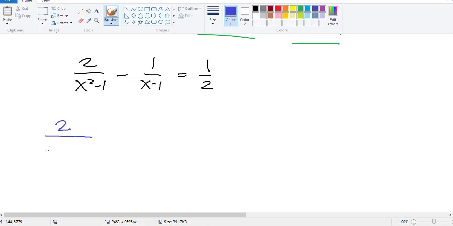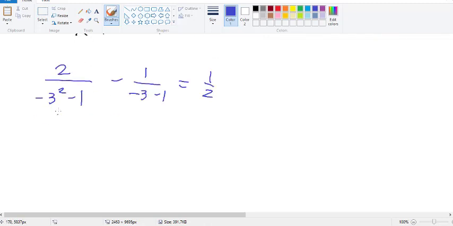So, substitute lang natin. 2 over negative 3 squared minus 1 plus 1 over negative 3 minus 1 is equals to 1 half. Okay, so, simplifying, 2 over negative 3 squared is 9 minus 1. Okay, 1 over negative 4, no? Pero negative, it's going to be positive. So, i-positive na lang natin yan. Is equals to 1 half.